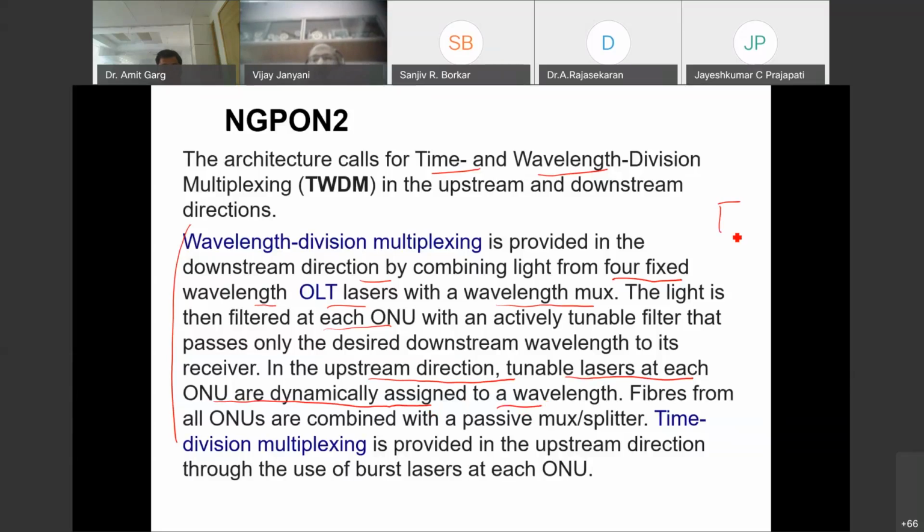If an ONU wants to transmit in the upstream direction, it has a tunable source, not a fixed source. Fibers from all ONUs are combined using a passive splitter, that is time division multiplexing. So here you are using an AWG and here you are using a splitter.